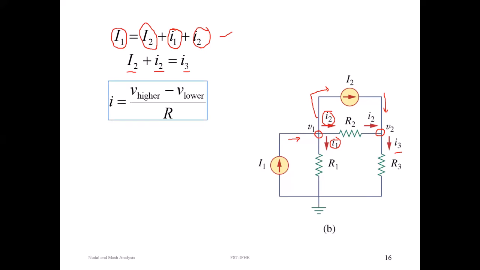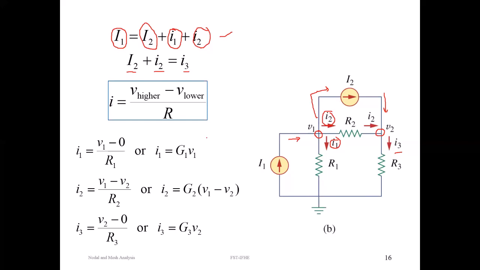The current should be written as V higher minus V lower by R. So small i1, flowing from V1 to 0, will be V1 minus 0 by R1. Small i2 will be V1 minus V2 by R2.